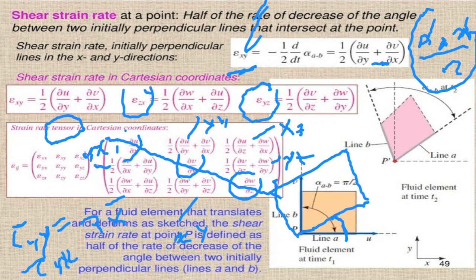So similarly, epsilon xy is equal to epsilon yx. The shear stresses on a plane are the same, as tau xy being equal to tau yx, and similarly, shear strain rates are also equal on a plane, as epsilon xy being equal to epsilon yx. So this is a lot of theory, I know, but they are very useful in explaining the fluid motion.